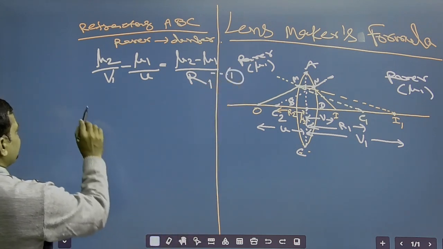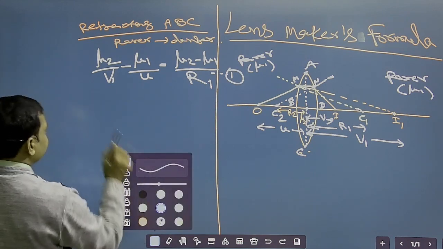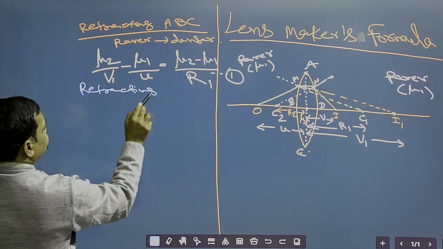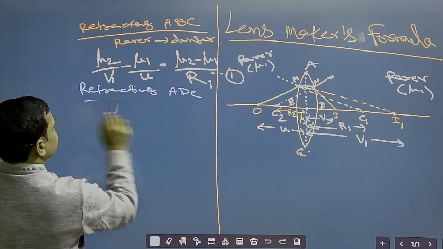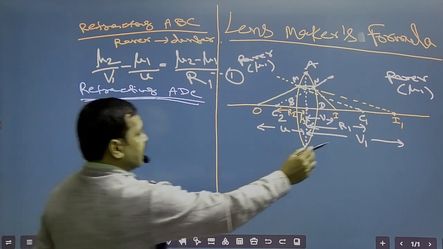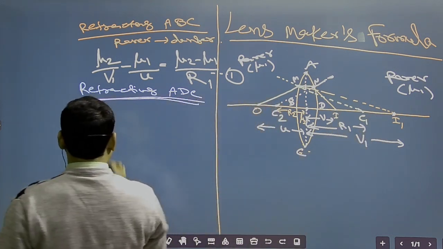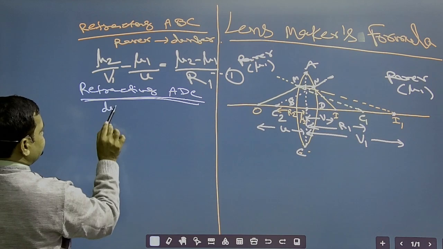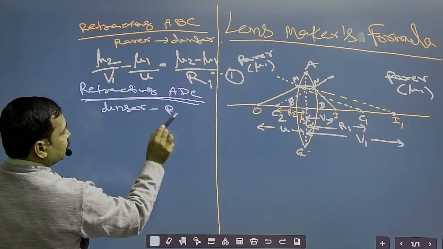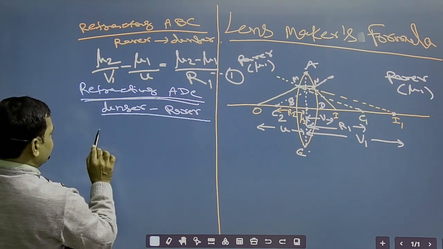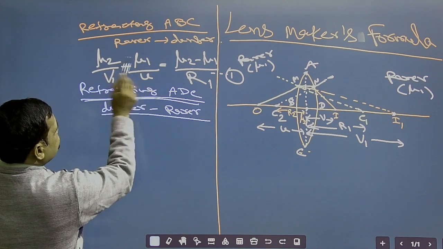Similarly, by considering the refracting surface ADC, here you see the object is at I1 and the final image is formed at I. But here the ray is moving from denser to rarer, so we have to interchange mu1 and mu2.